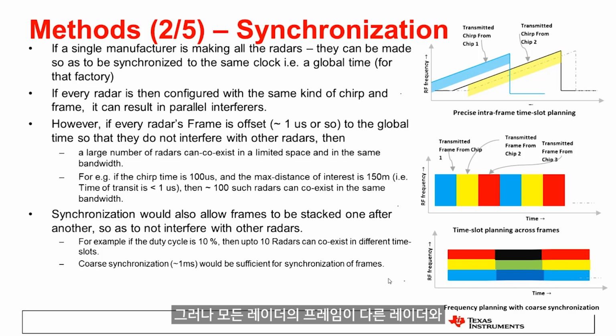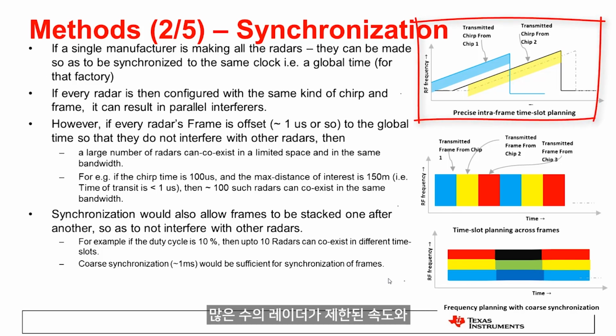However, if every radar's frame is offset approximately 1 microsecond or so to the global time so that they do not interfere with other radars, then a large number of radars can coexist in a limited space and in the same bandwidth. For example, if the chirp time is 100 microseconds and the max distance of interest is 150 meters, that is, the time of transmit is less than 1 microsecond, then approximately 100 such radars can coexist in the same bandwidth.